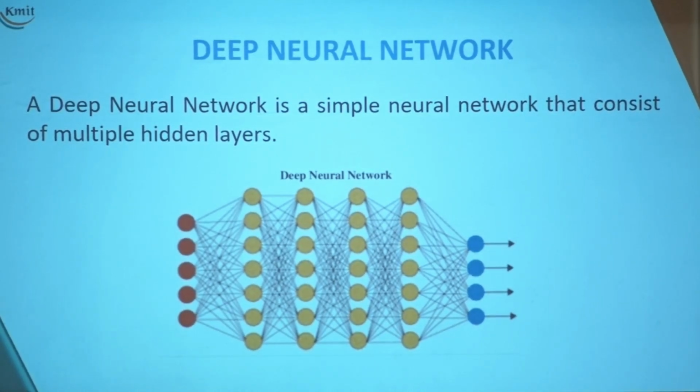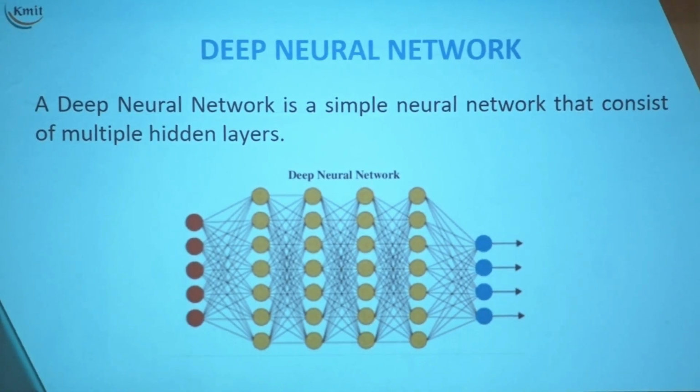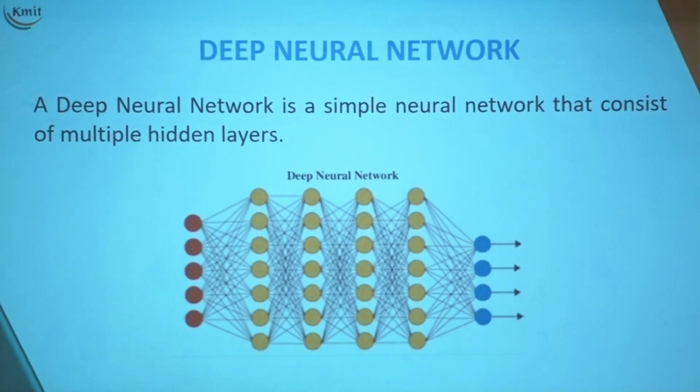Now tell me, what is Z1? Summation of Xi, Wi plus B. What is A1? F of Z1. Are you all clear? Next, what would be Z2? Summation of, not X, summation of A1, W2 plus B. What is the input here for the second hidden layer?